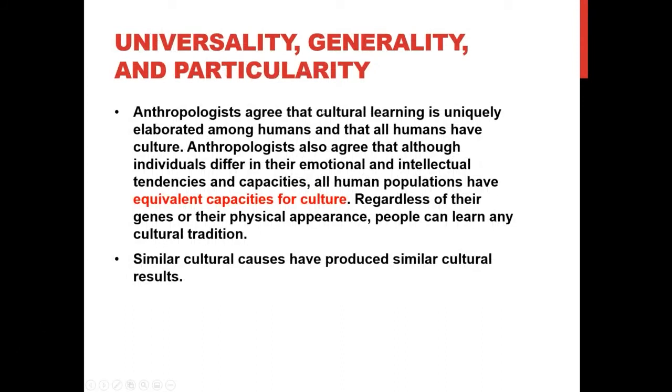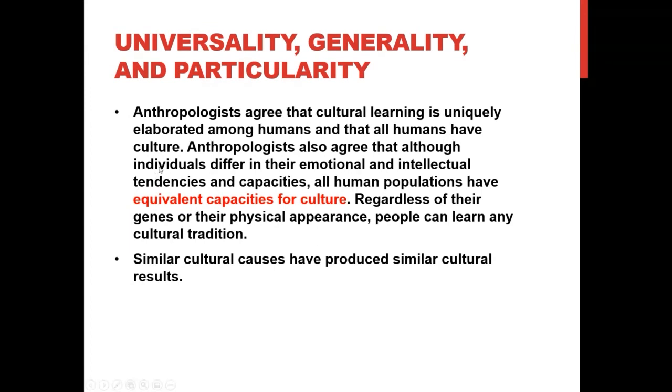Universality, generality, and particularity. Anthropologists agree that cultural learning is uniquely elaborated among humans and that all humans have culture. Anthropologists also agree that although individuals differ in their emotional and intellectual tendencies and capacities, all human populations have equivalent capacities for culture, regardless of their genes or their physical appearance. People can learn any cultural tradition. Similar cultural causes have produced similar cultural results.